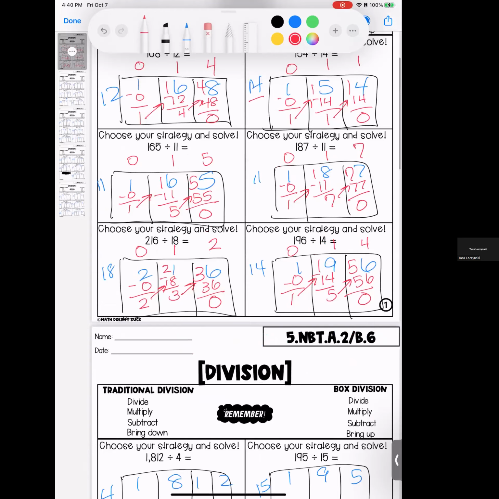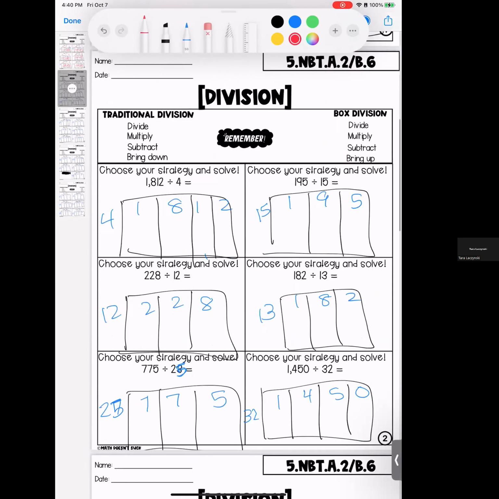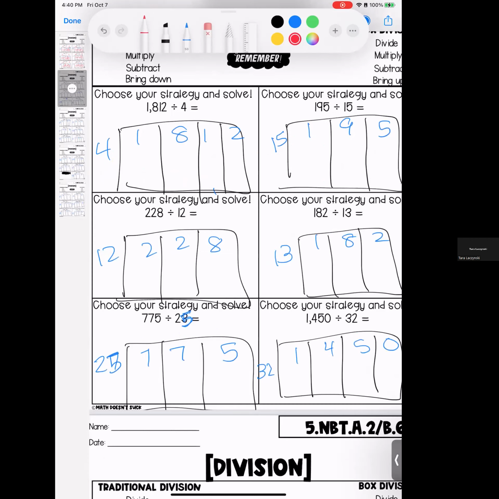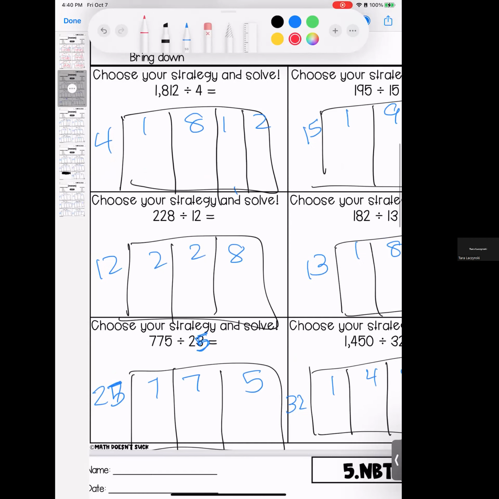Now, if you watched the last recording, I told you that we were going to have one of these that was going to have a 1-digit divisor, but it's still going to follow the box rule because 4 doesn't go into 1. So we're still starting off the same as we've started off our other ones, but now we can do some work. 4 goes into 18 4 times because 4 times 4 is 16.